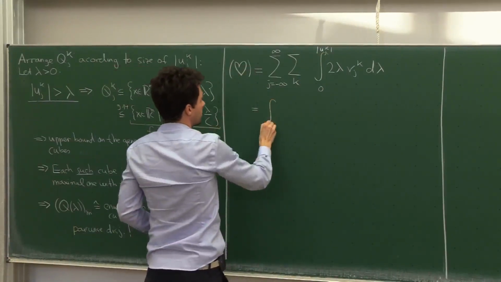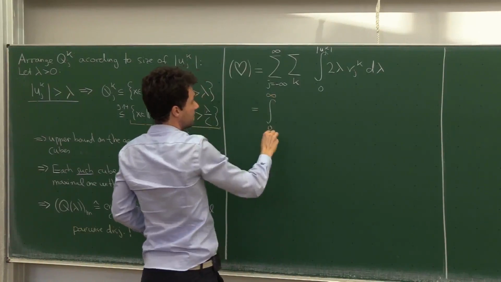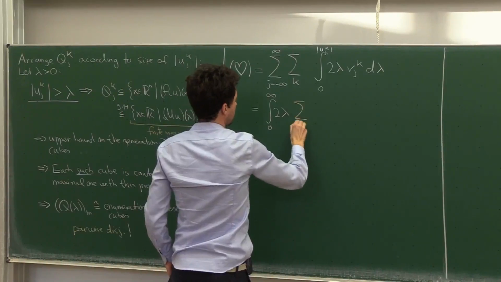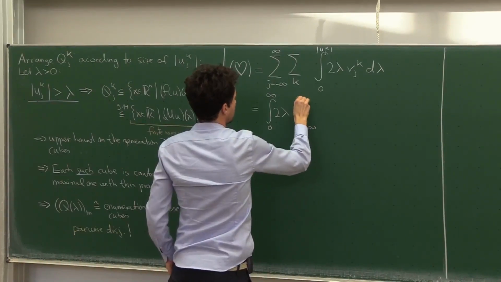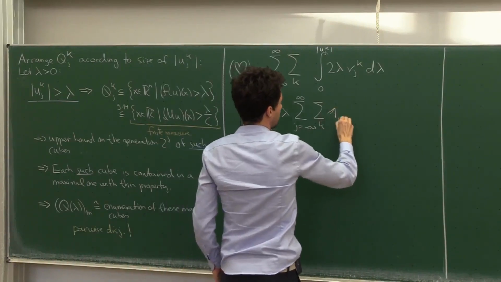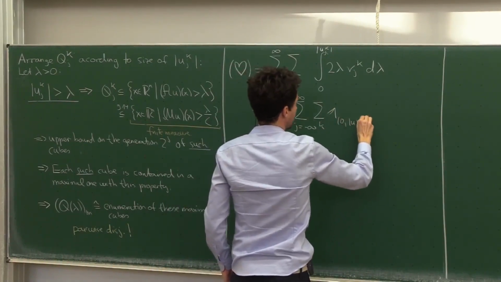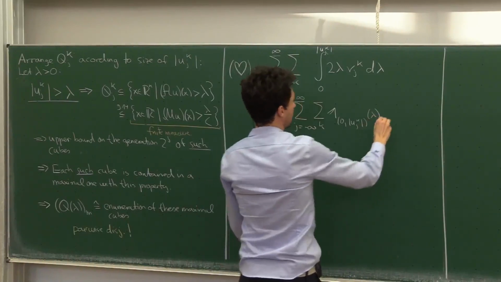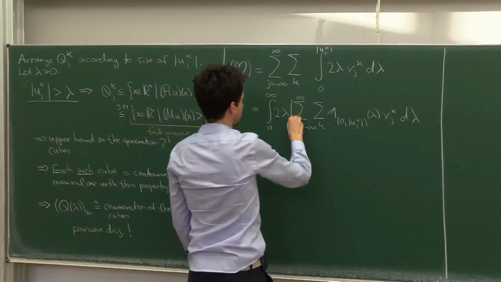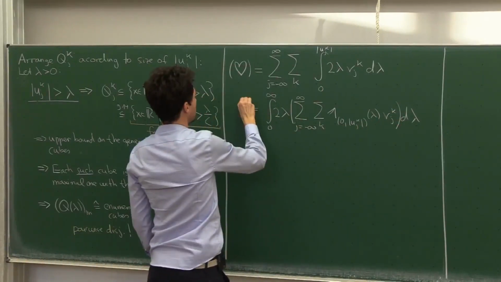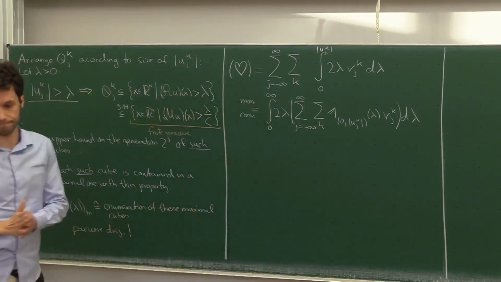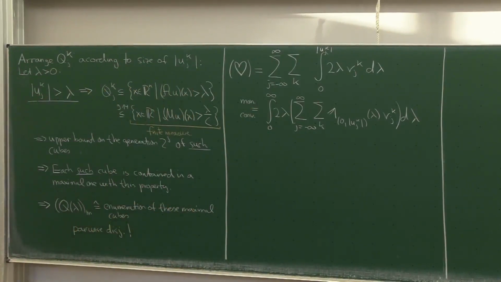So what you're getting is the integral from 0 to infinity of 2 lambda, the sum goes inside, sum in k, and then you get the indicator function of 0 to u_jk at lambda times nu_jk d lambda. Okay, so this is monotone convergence.